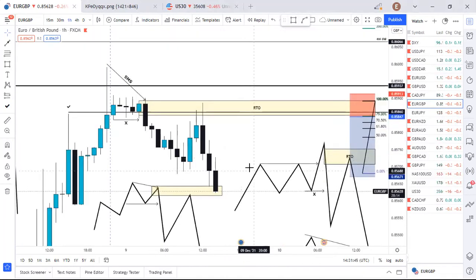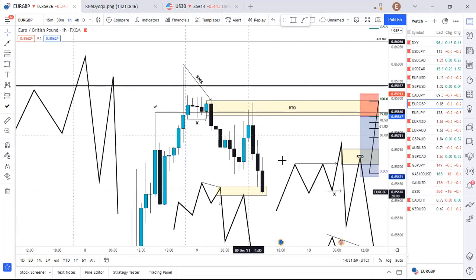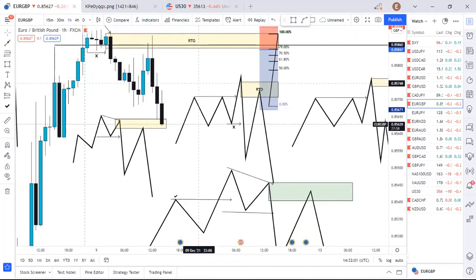But limits are better for me because I can do other things and find them either in profit or tapped off. So limit orders are okay for me.